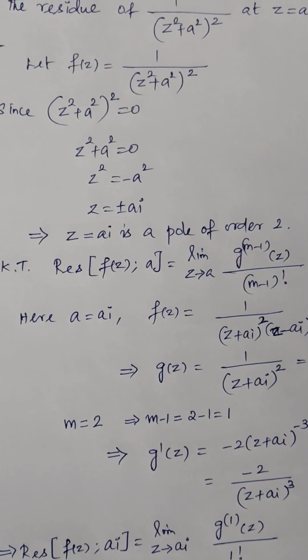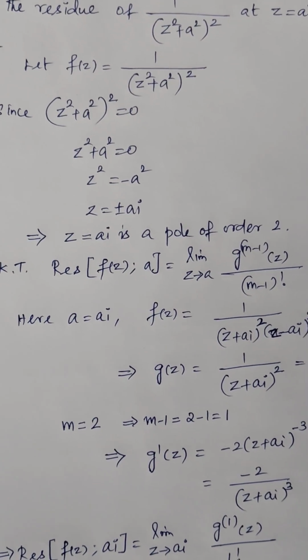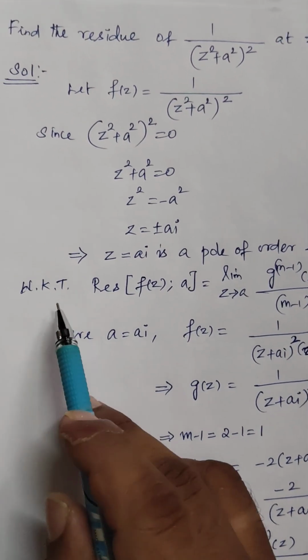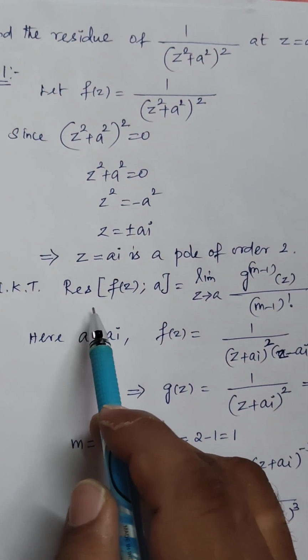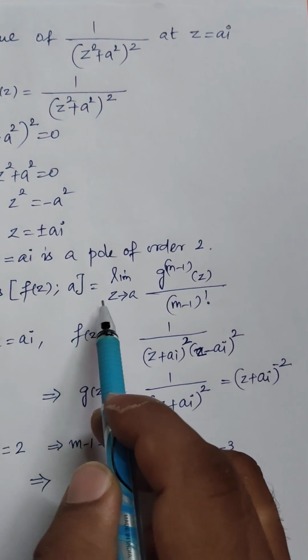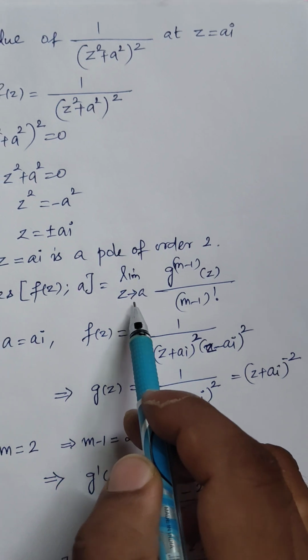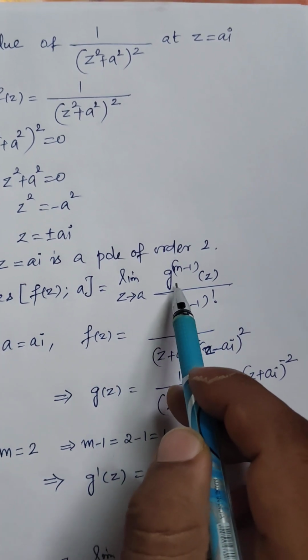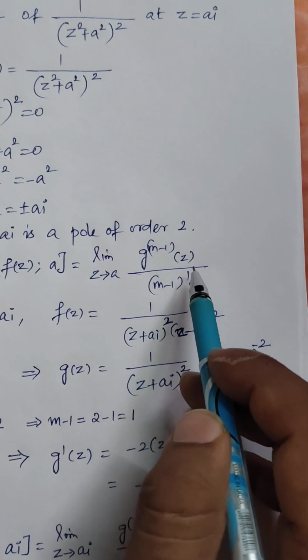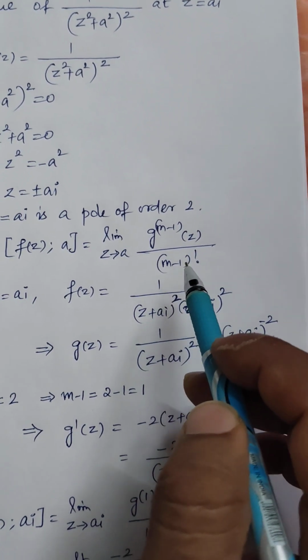So we know that the residue of f of z at the pole a is equal to limit z tends to a of g power m minus 1 of z divided by (m minus 1) factorial.